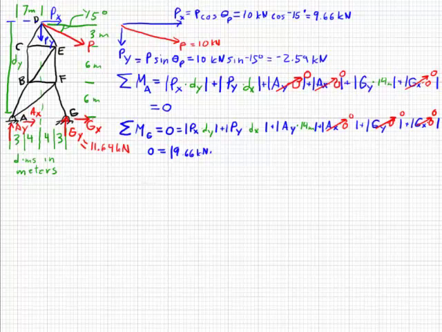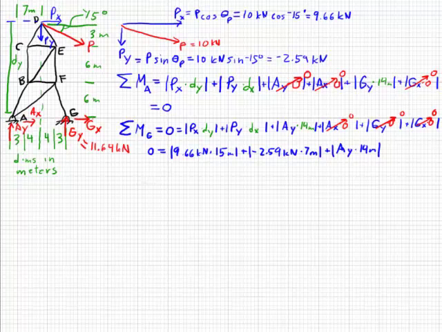The vertical distance is, again, 15 meters, plus Py, which is negative 2.59 kilonewtons, times this distance here, again 7 meters, 3 plus 4. Add that to Ay times 14 meters.